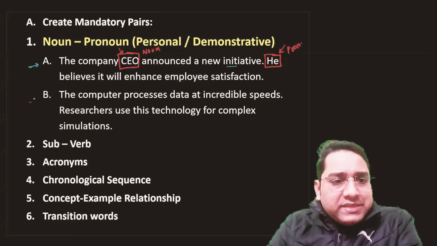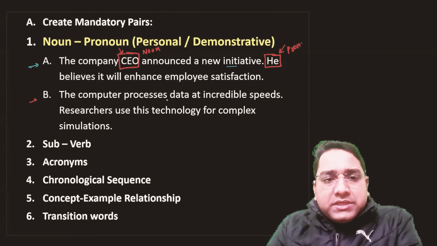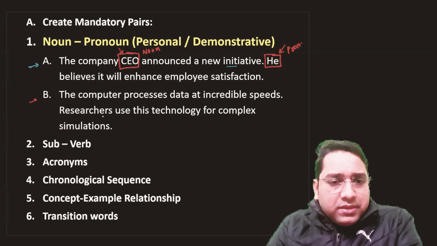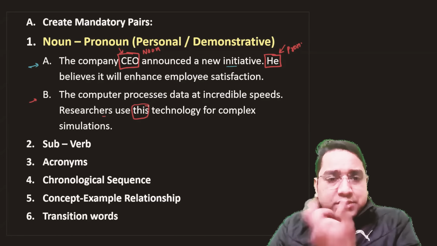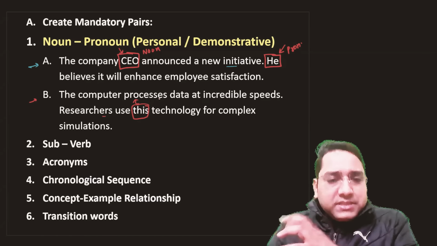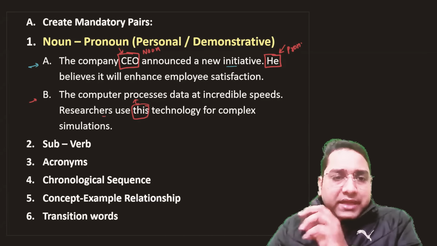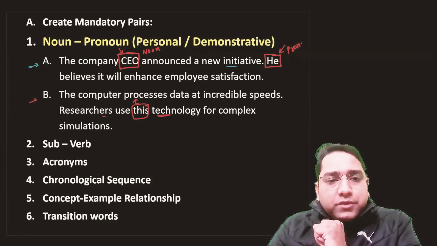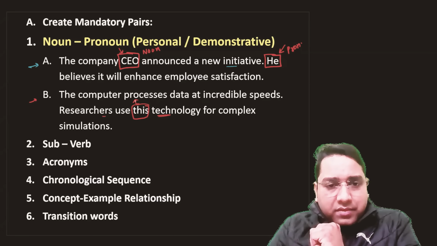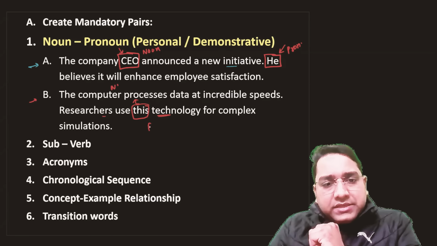Correct? One more example. The computer processes data at an incredible speed. Researchers use this technology. So this word is given, this. What is this used for? The processing of data by the computer. So this technology is used for the computer processing. This was a noun and this is a pronoun.